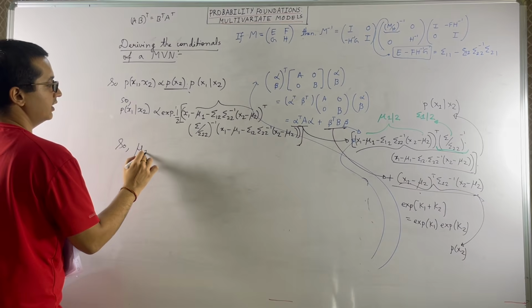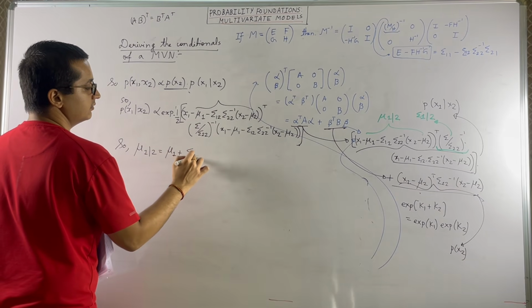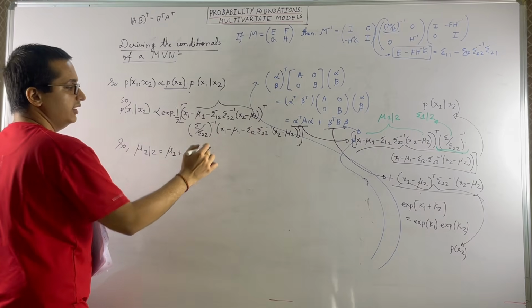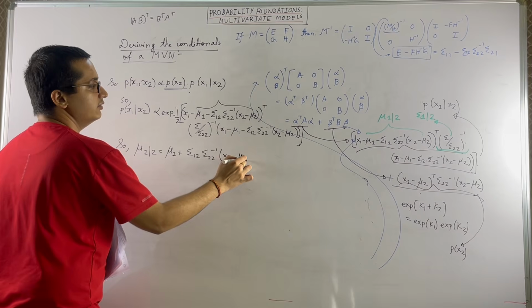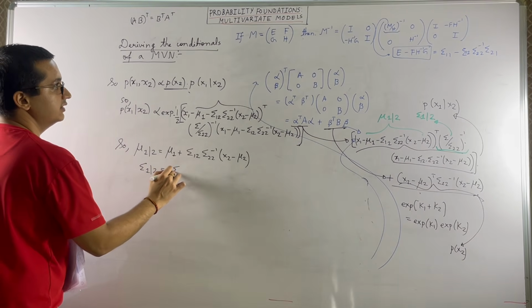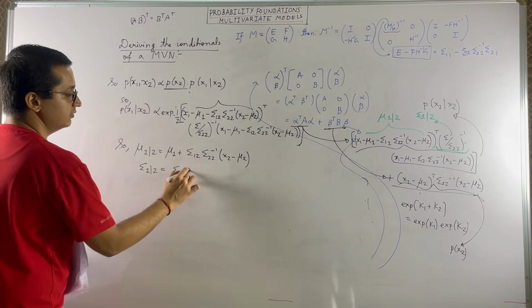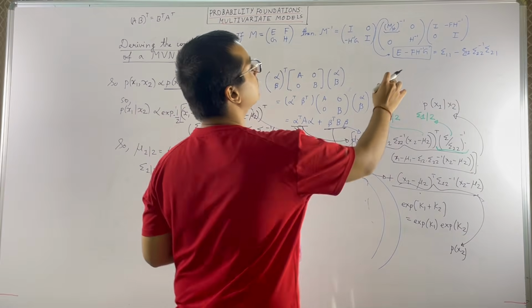Okay, so mu1 given 2, the conditional mean, is this: mu1 plus sigma 1 2 sigma 2 2 inverse. I'm just reading off this term, right? Because we have factored it into that particular form. And sigma 1 given 2 is sigma by sigma 2 2. And what was that?